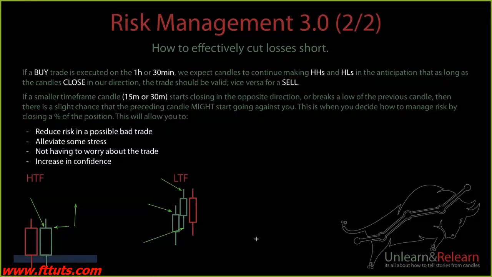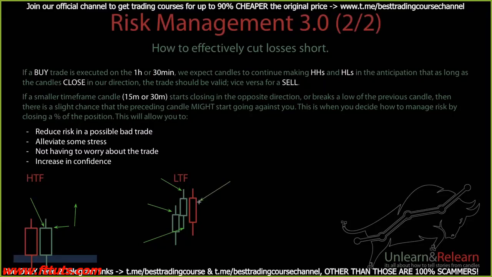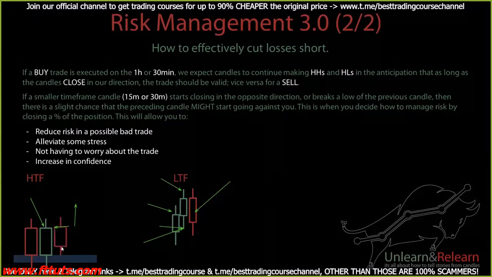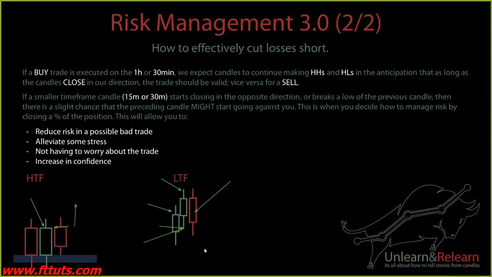What we learned in an uptrend and downtrend was that for an uptrend to continue, you need the next candle to start respecting the lows of the previous candles. But if this 15-minute candle has broken the low of the previous 15-minute candle, this means the next 30-minute candle is maybe starting to form bearish.